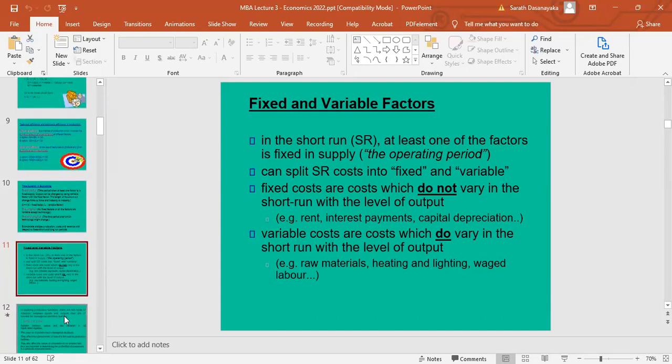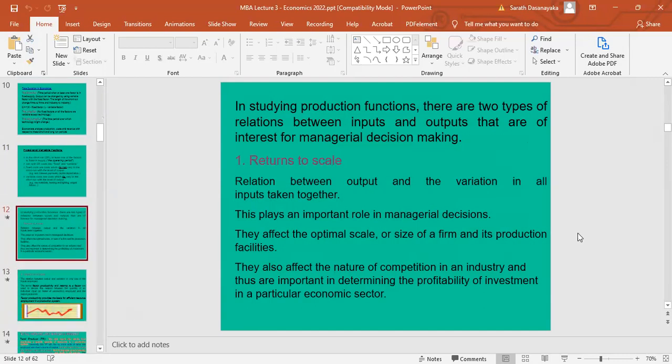Then you can see we are starting to analyze with the change in labor. In studying production functions, there are two types of relations between inputs and outputs that are of interest for managerial decision making. The first one is returns to scale. Returns to scale means the relation between output and the variation in all inputs taken together.